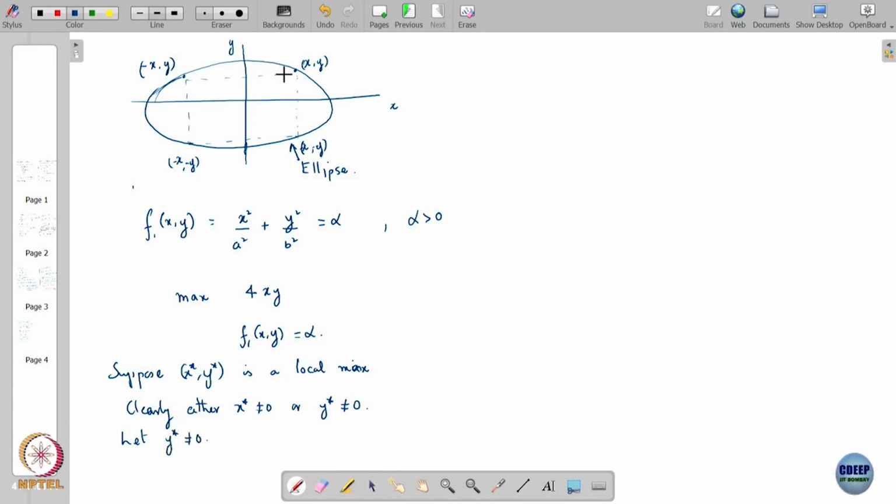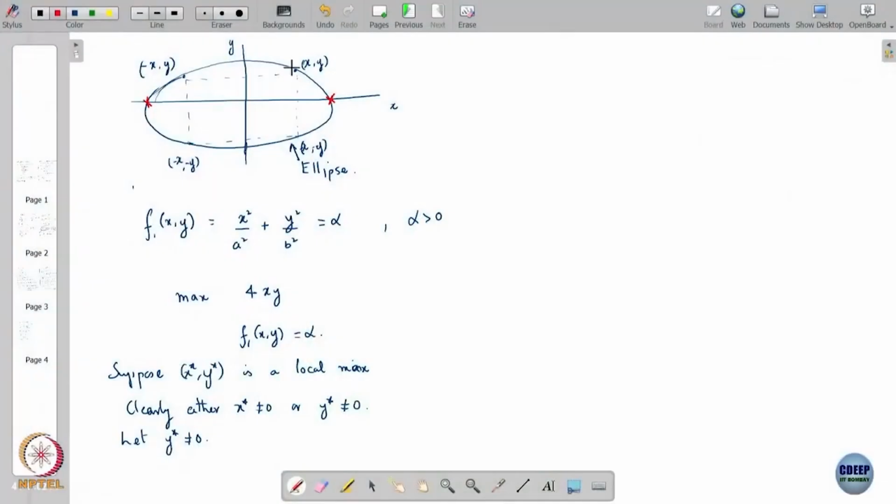What that means, in terms of this diagram here, is that I am not looking at points where y star can be 0. I am not looking at these two points here, where y star could be 0. I am looking at only points like these here, either here or here, where y star is non-zero.